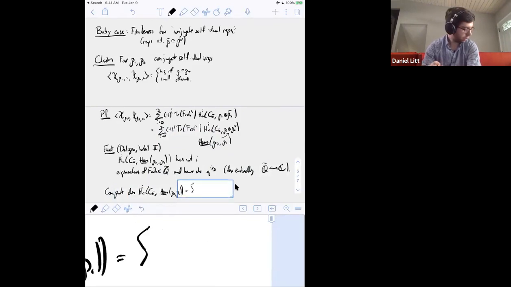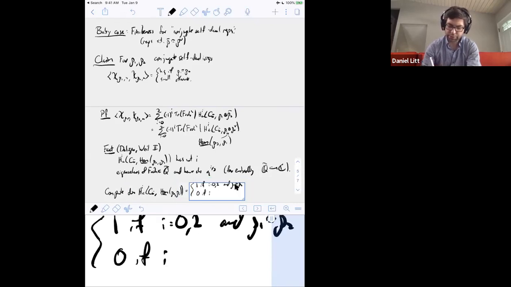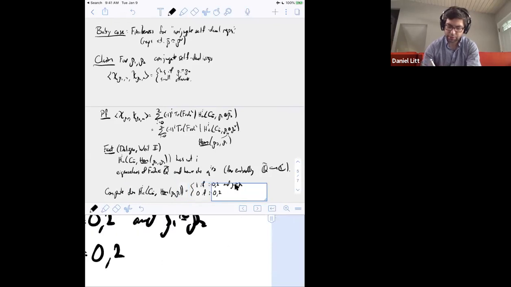Well, what is it? I claim it's 1 if i equals 0 or 2 and rho_1 is isomorphic to rho_2, and 0 if i equals 0 or 2 and rho_1 is not isomorphic to rho_2.